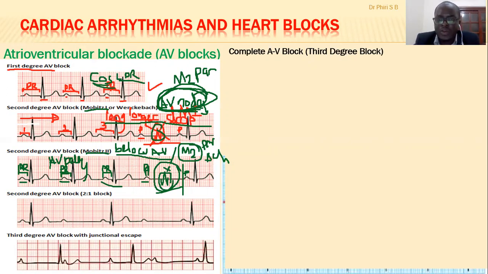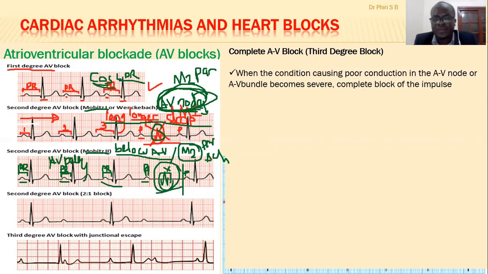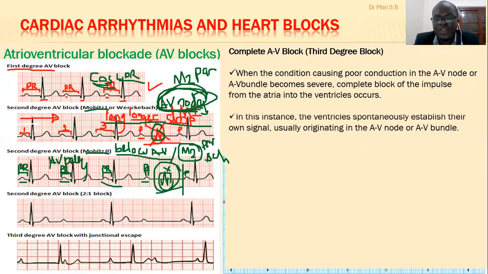So now when you have a complete AV block, what would happen? When the condition causing poor conduction in the AV node or AV bundle becomes severe, complete block of the impulse from the atria into the ventricles occurs. In this instance, the ventricles spontaneously establish their own signal, usually originating from the AV node and AV bundle.